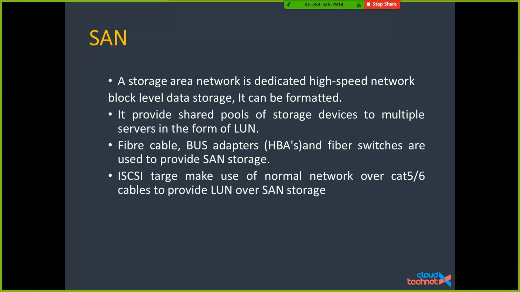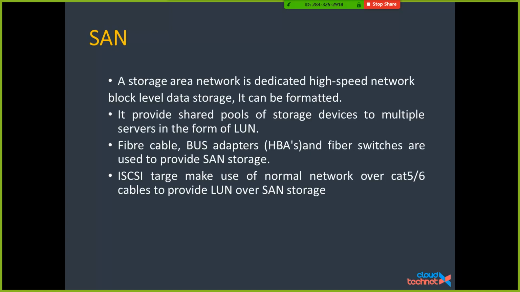If you are connecting a LUN by using fiber cable, we use the WWN number. The LUN will be connected to your destination server by using fiber cable, and the LUN ID is called the WWN number, worldwide number. If you are using Cat6 or Cat5 cable, the protocol is called iSCSI. iSCSI stands for internet small computer system interface.